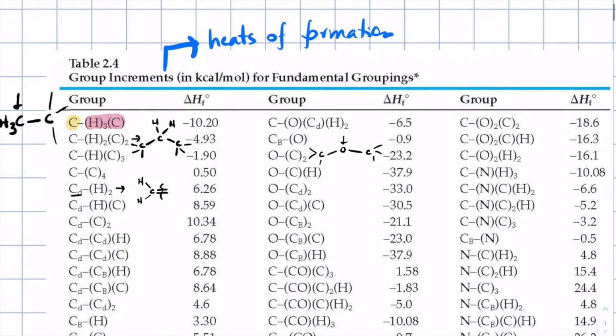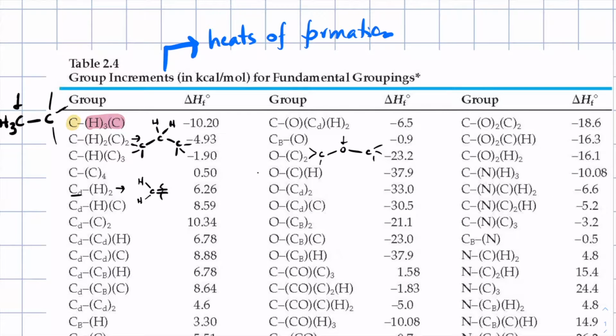And the group increment is only for the atom or functional group to which it's referred. So, for example, this number, minus 23.2, refers to this oxygen and not the carbons to which it is bonded.